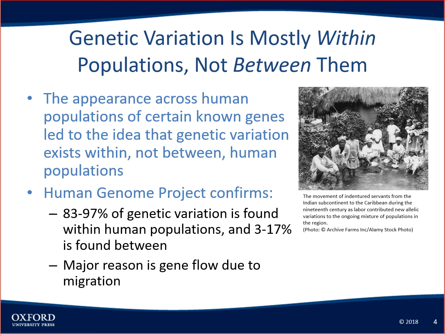The Human Genome Project confirmed that between 83 to 97% of genetic variation is found within human populations, and only 3 to 17% is found between them. And this is due mostly to gene flow and migration.